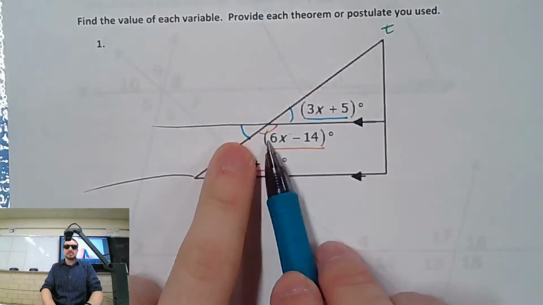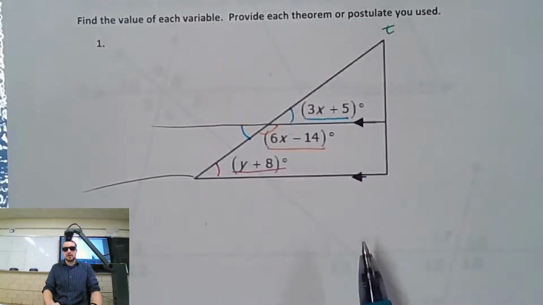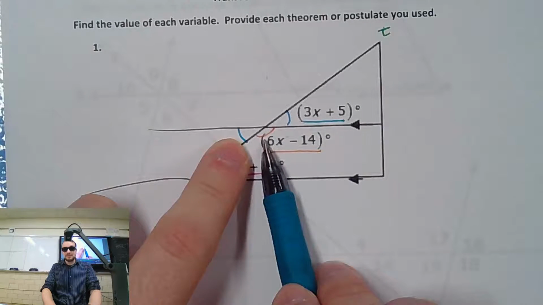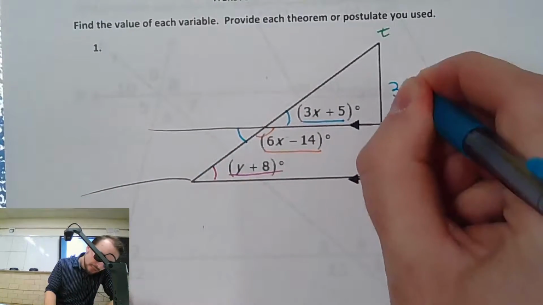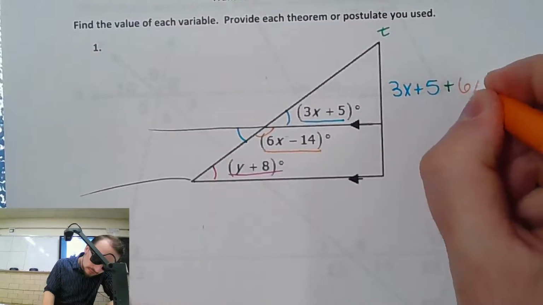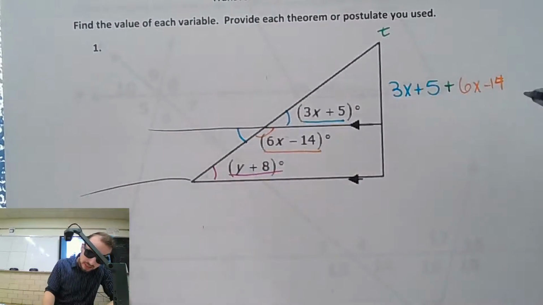But sometimes it is easier when they're top and bottom, or bottom and bottom, or top and top. These two are a linear pair, which means they are supplementary by the linear pair theorem. And by definition of supplementary, they add up to what? Very good. So 3x plus 5 plus 6x minus 14 is going to equal 180.